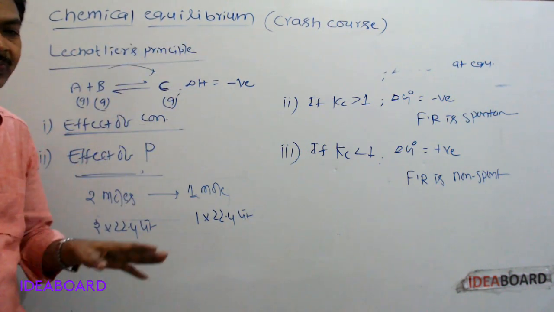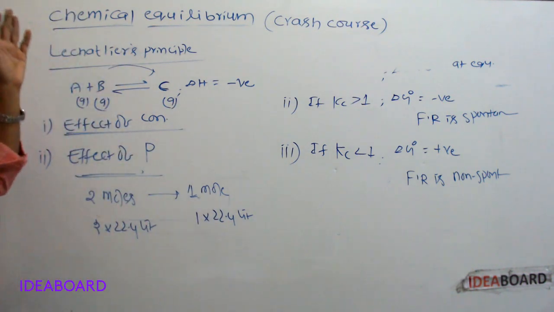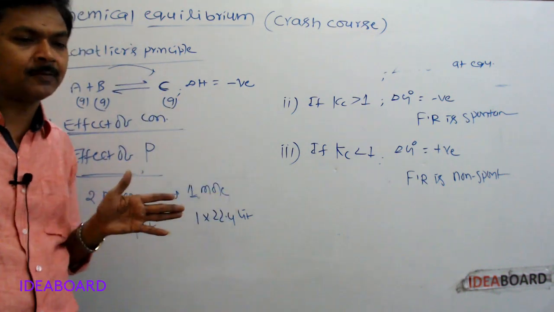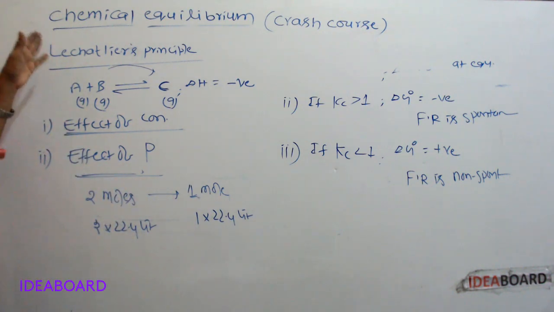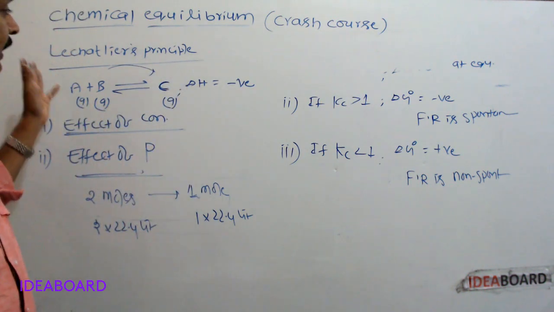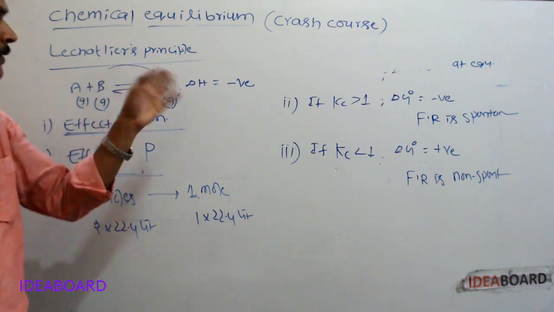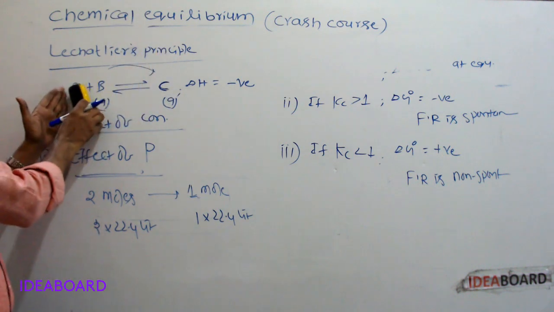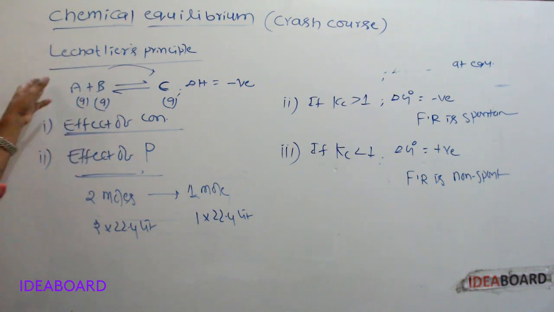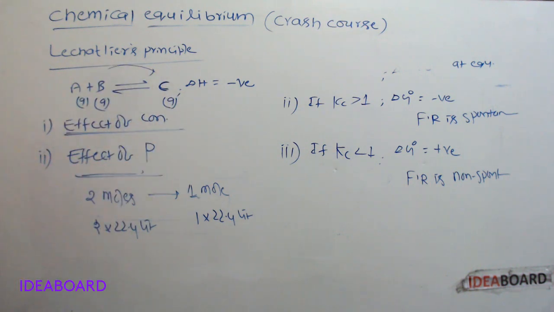According to Le Chatelier's principle, if pressure increases, then the equilibrium shifts in the direction in which pressure decreases, that is, where the number of moles decreases. So in this reaction, 2 moles to 1 mole. If high pressure is maintained, then the rate of forward reaction increases.